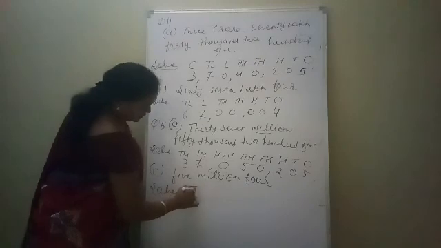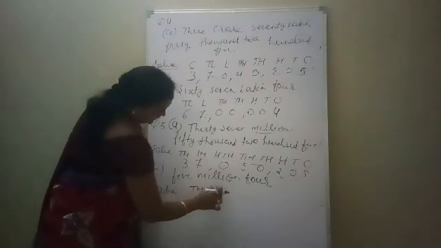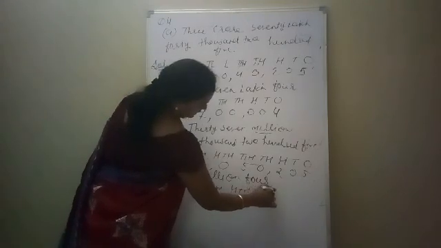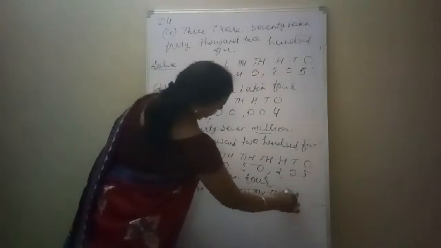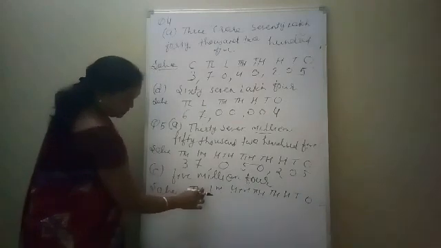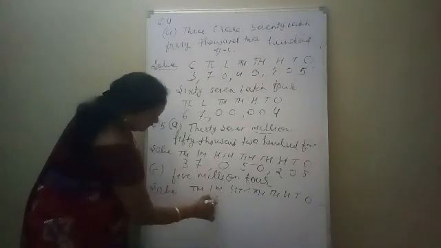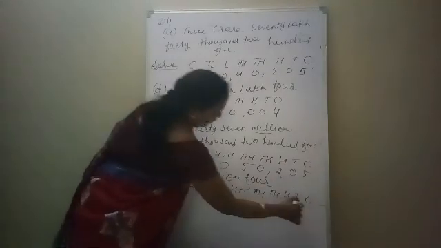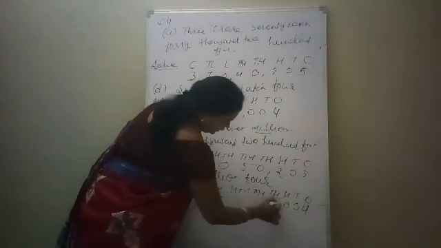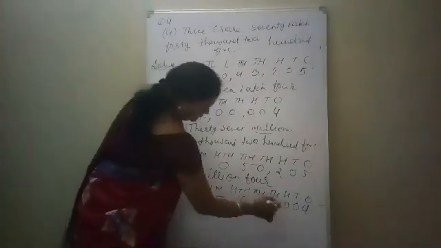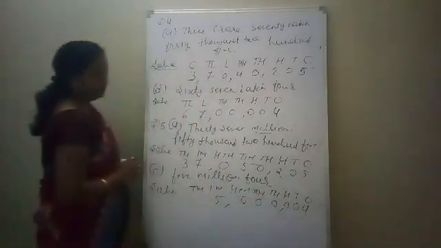This is the 10 million, 1 million, then 100,000, 10,000, then 1,000, 100, tens and ones. So only 5 million is there. There is no need to write in the 10 million place. So 5 is there. Then it is only 4, so ones is 4. This is 5 million, then only 4.